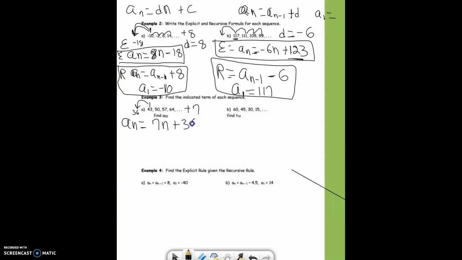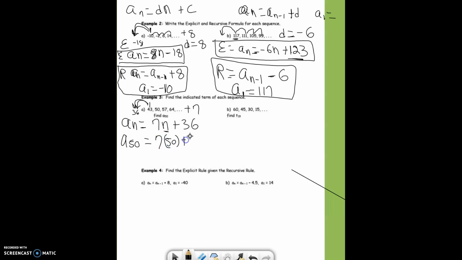Now, here's how we use the formula. I'm not going to keep going plus 7, plus 7, plus 7 all the way to my 50th term. I'm going to use my formula, so I'll plug in this. Remember, n meant number, so I'm trying to find the 50th number. So guess what goes in here? 50.